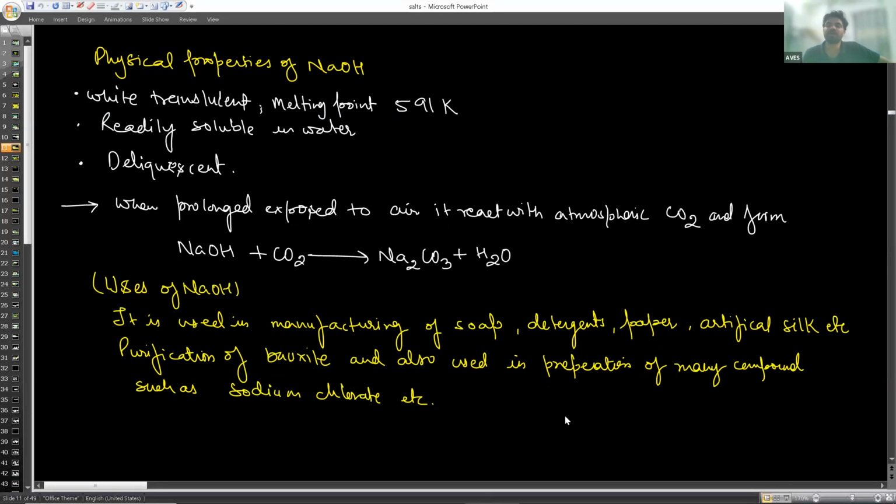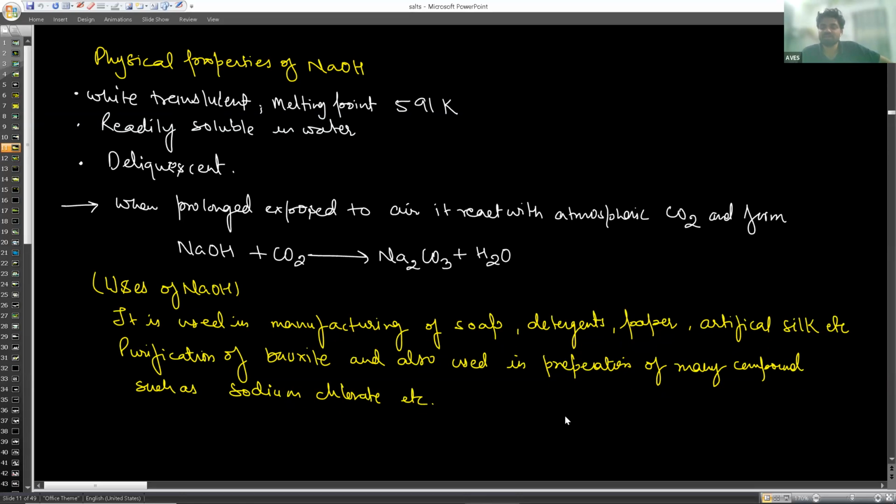And what do we get at anode and cathode? Which gas is obtained at anode? At anode, it's 2Cl minus. Chlorine gas, simple. 2Cl minus will donate 2 electrons and form chlorine gas.